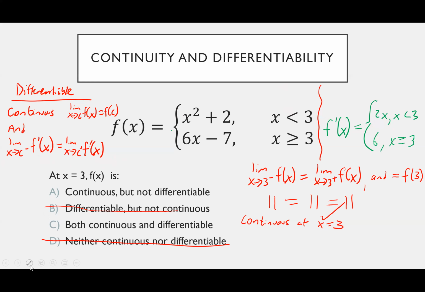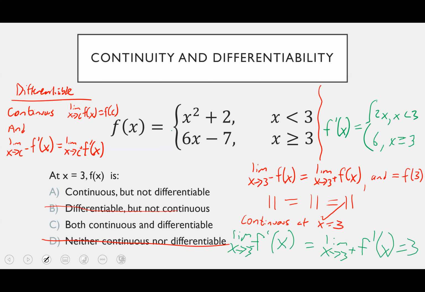Okay. So I can say f prime's limit as x approaches 3 from the left equals the limit as x approaches 3 from the right.